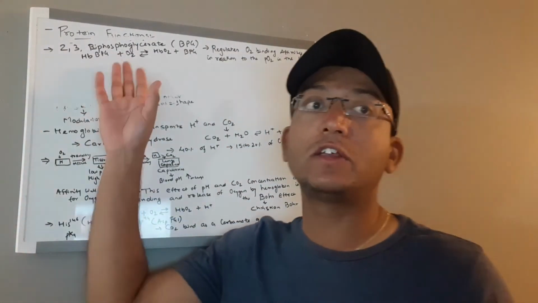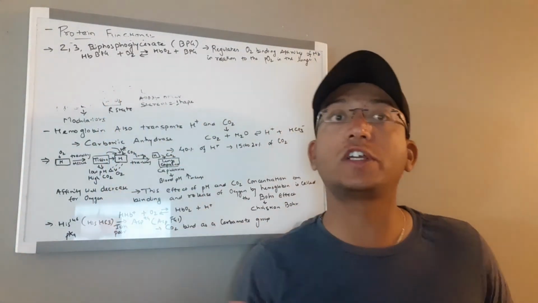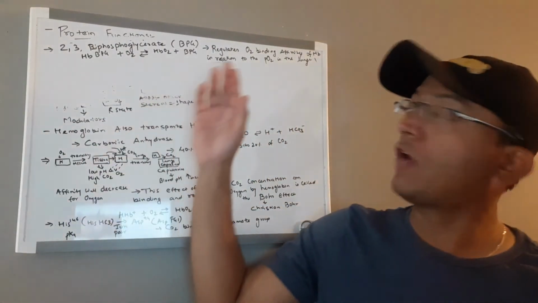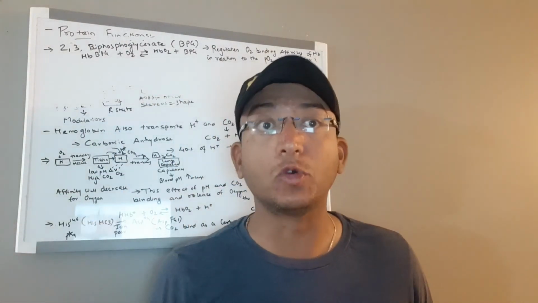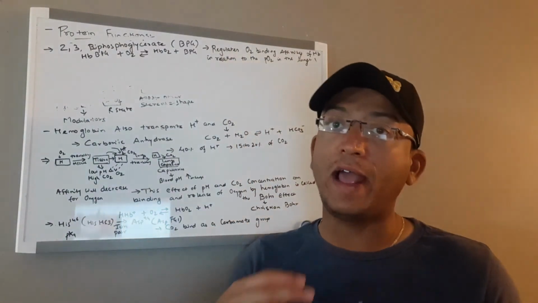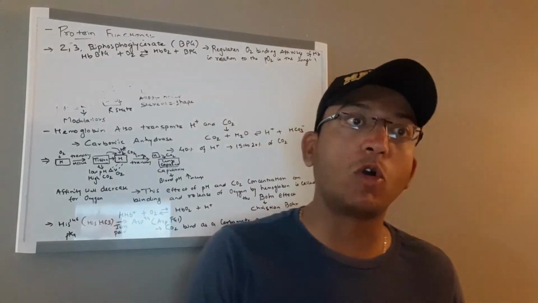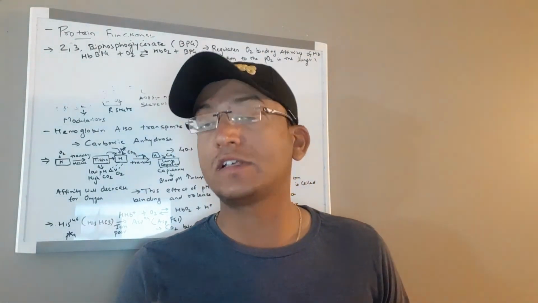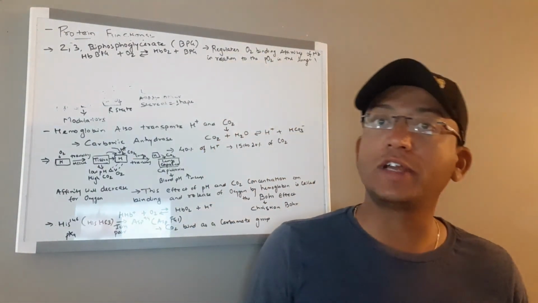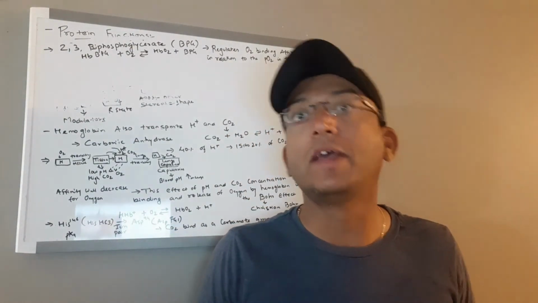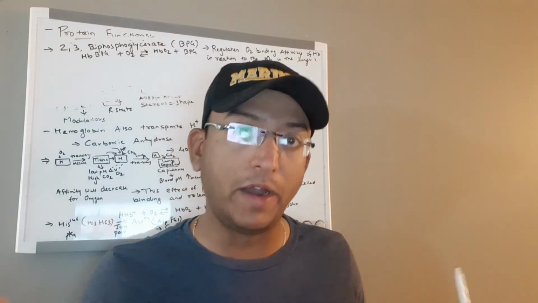So that's why this BPG is important in the physiological adaptation to the lower partial pressure of oxygen at high altitudes. Why? For a healthy human at sea level, the binding of oxygen to hemoglobin is regulated such that the amount of oxygen delivered to the tissue is nearly 40% of the maximum that could be carried by the blood, right?